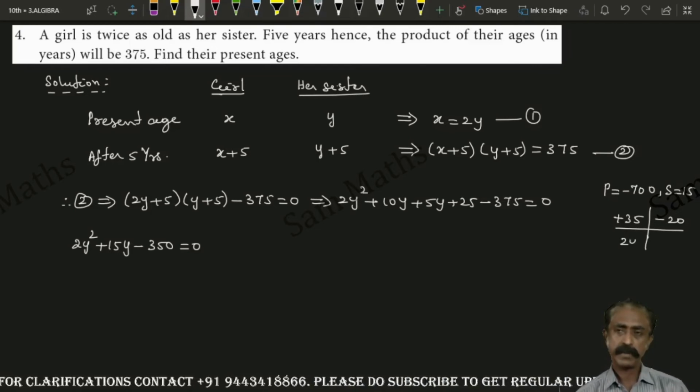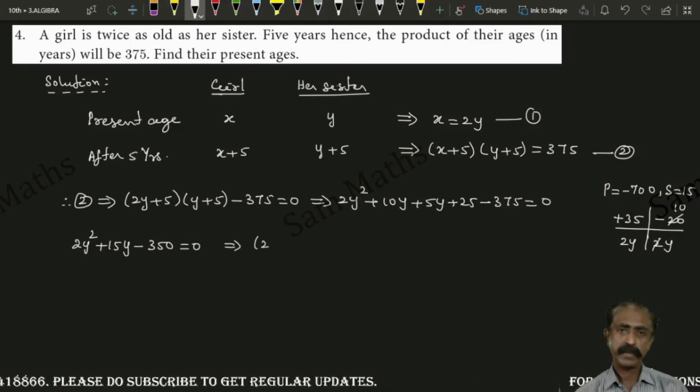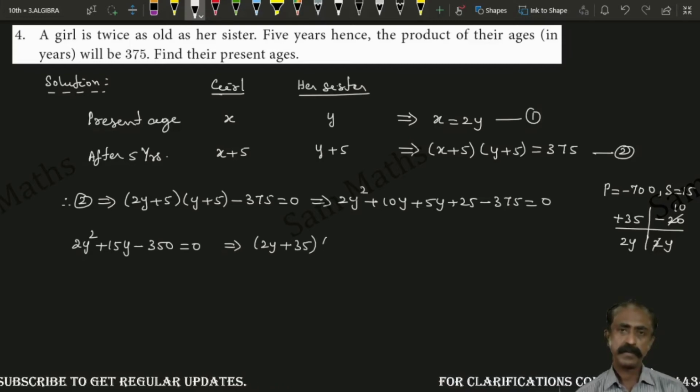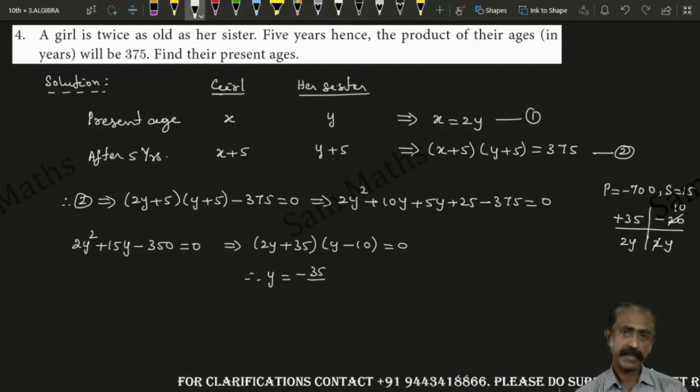You divide by 2y. You can cancel this. It becomes 2y plus 35 into y minus 10 equal to 0. Therefore, we are getting y is equal to minus 35 by 2, comma 10.